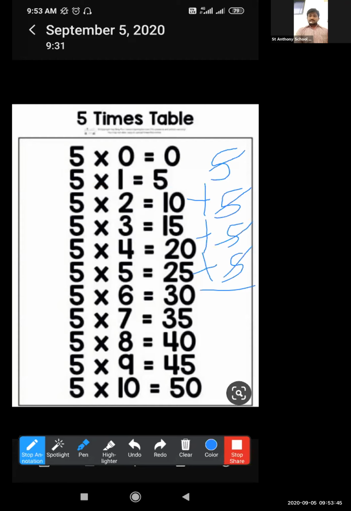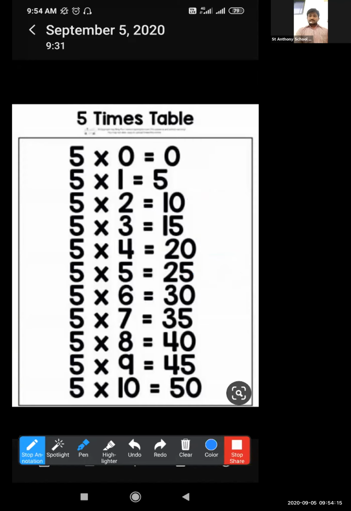And if you calculate this sum, 5 plus 5 plus 5 plus 5, you get answer 20. Got it? That means 5 into 4, add 5 four times. The answer is 20.